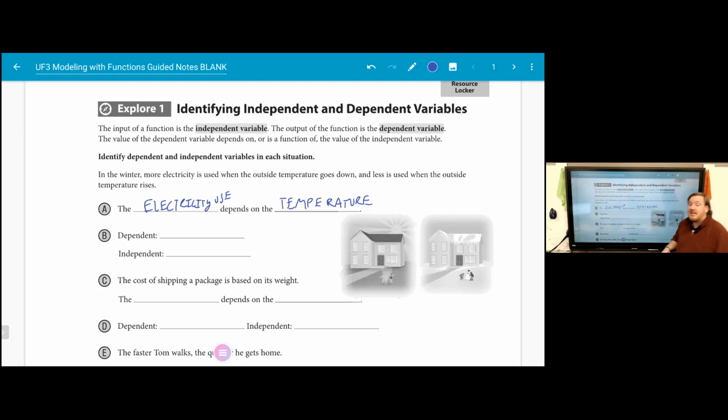The dependent variable depends on the independent variable. So in this case, the dependent variable is the electricity use, and the independent variable is the temperature.